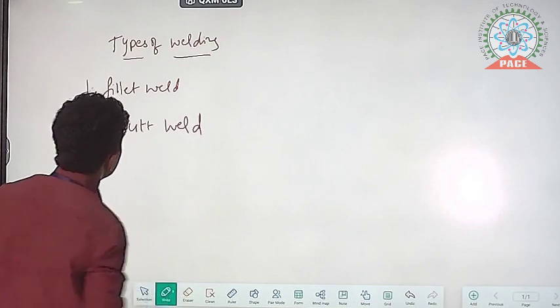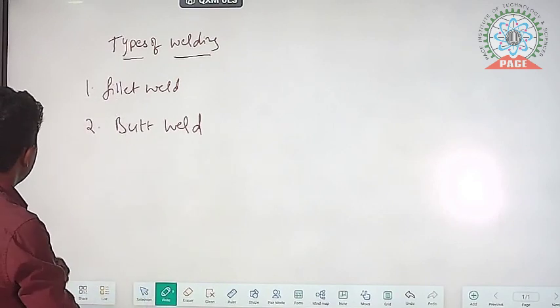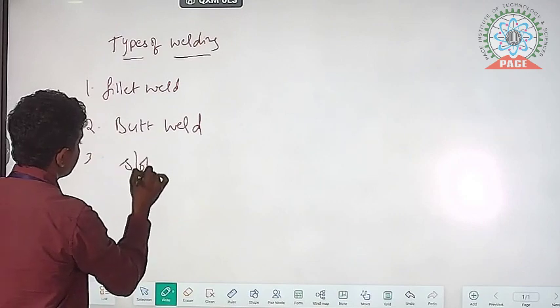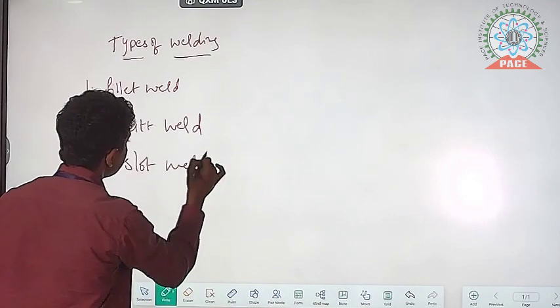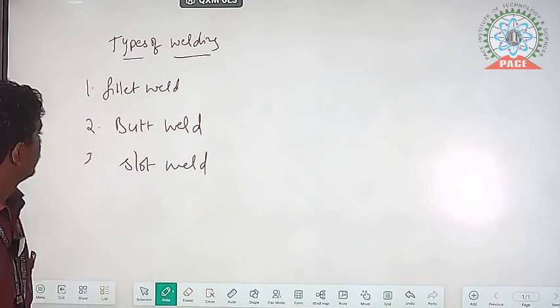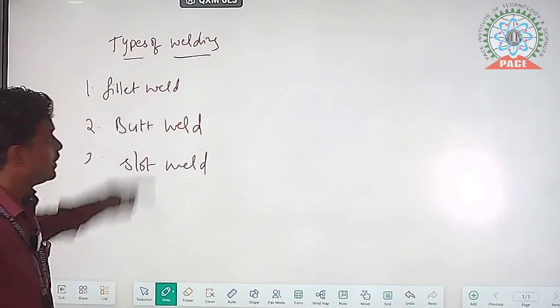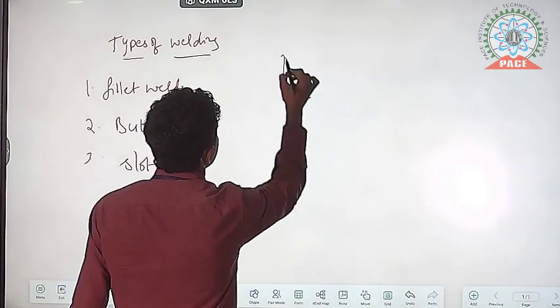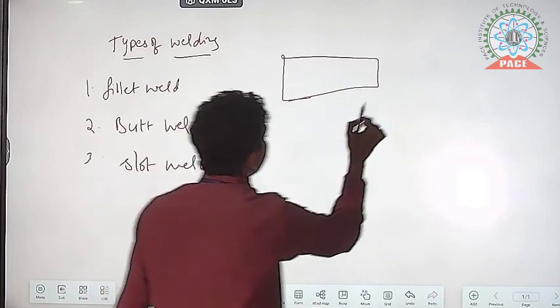These are the three types of welding. In the fillet weld, I will give one structure. For example, this is one beam and this is another beam element, we have to connect this total. This is the fillet weld.